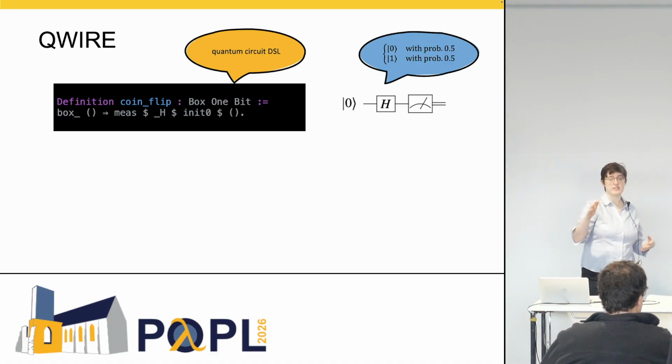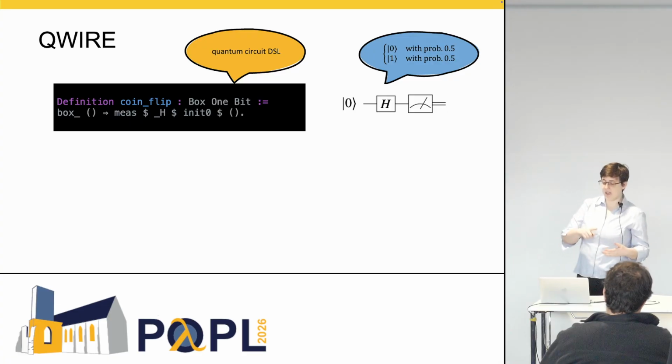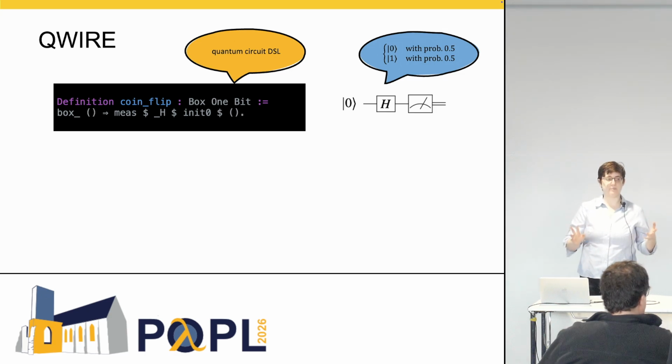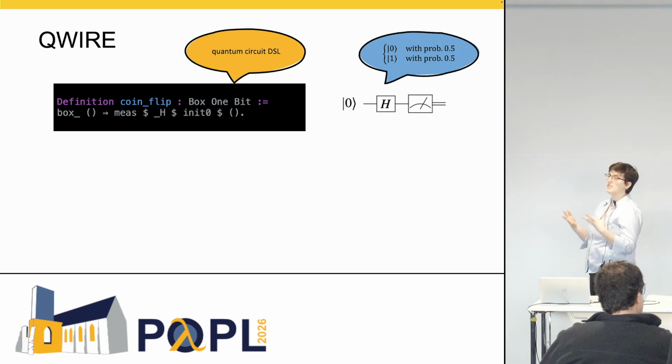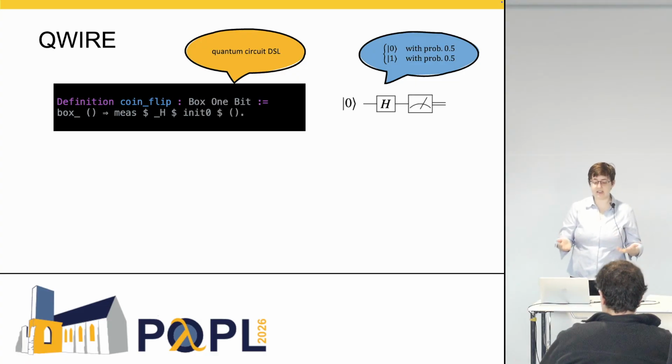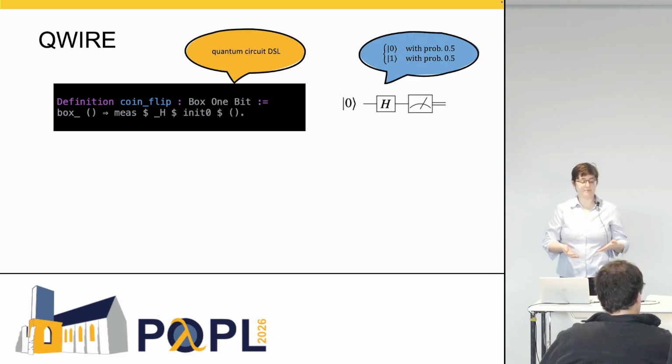So the result of running this circuit should be 0 with probability 1/2, and 1 with probability 1/2. The question is, how do we specify and verify that this is the behavior of the coin flip circuit?